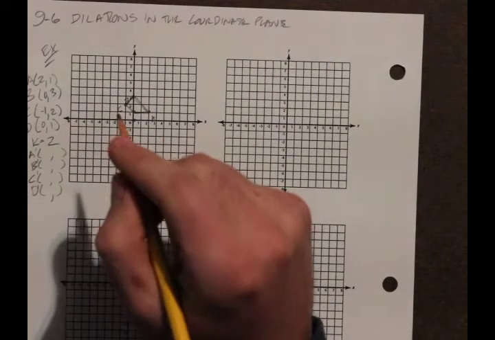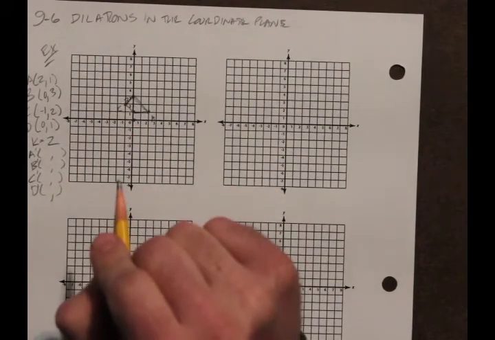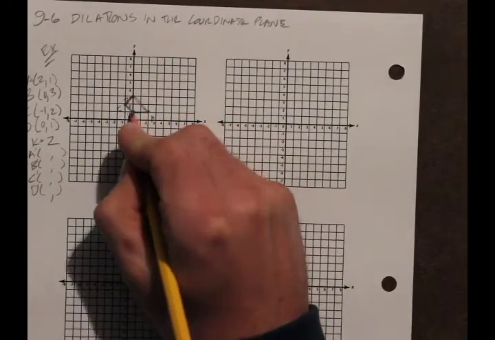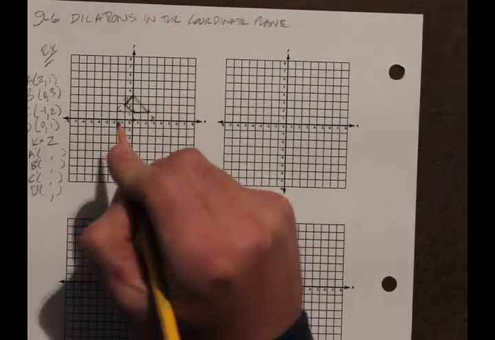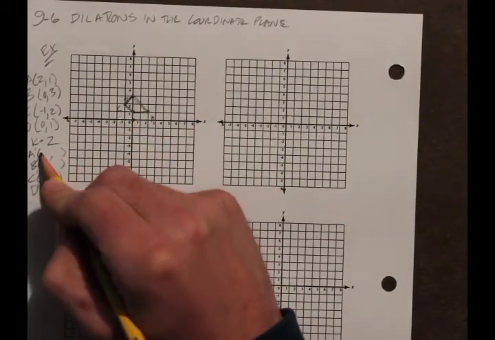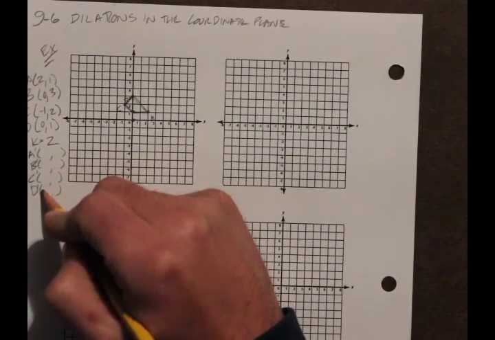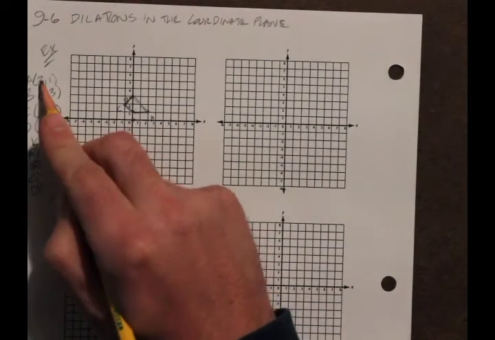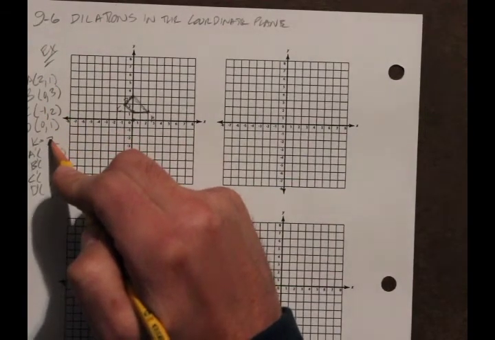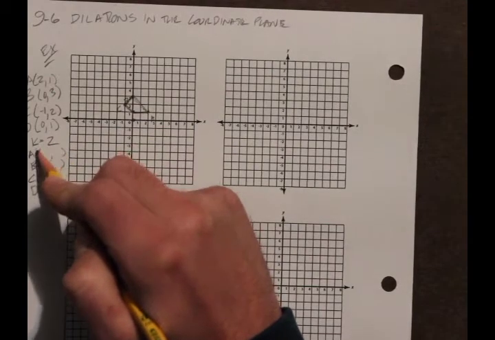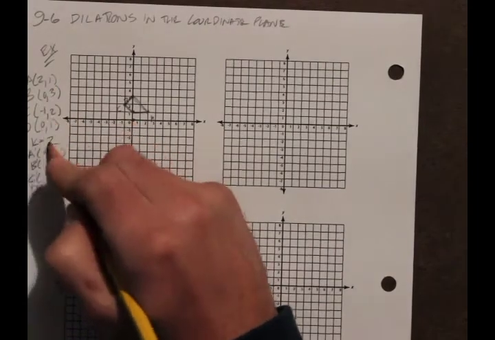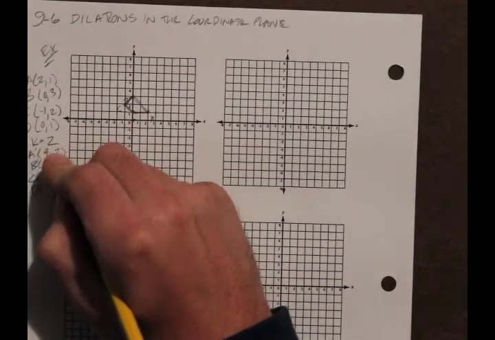That makes it very easy in one sense: if the origin is my center of dilation, all I have to do to find my image points is to multiply each value, x and y, for each point by my scale factor. So I just say 2 times 2 is 4, 2 times 1 is 2.